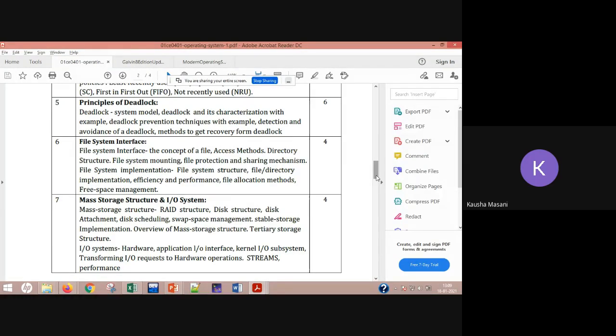So in this file system interface, what you're going to learn is how the concept of a file is managed by the OS, how the file system structure is accessed, how you can allocate the memory locations, freeing up the space and all. This is what is in the file system interface.